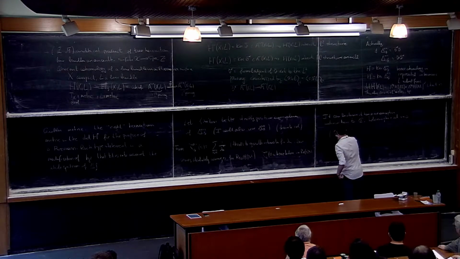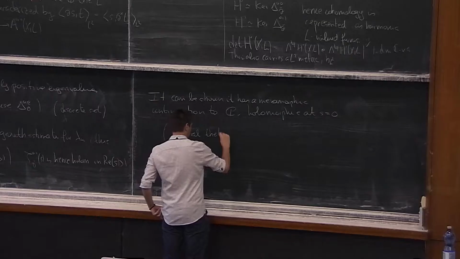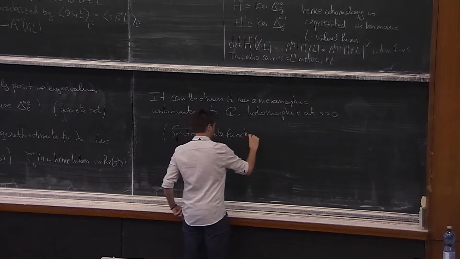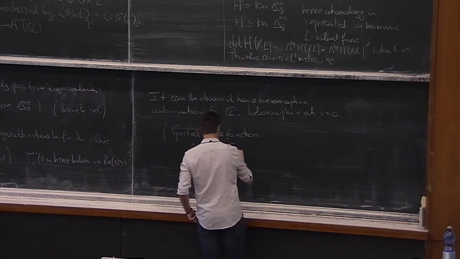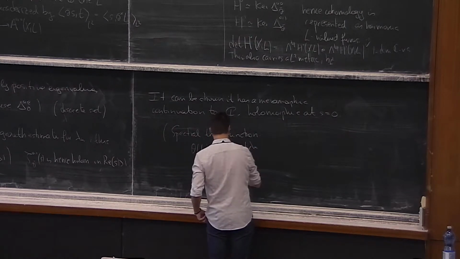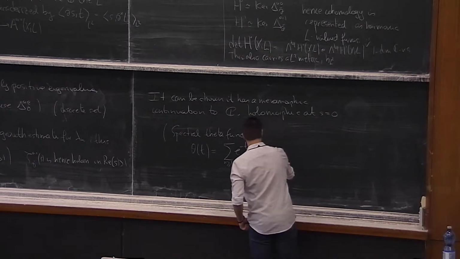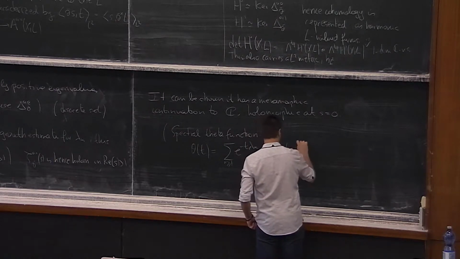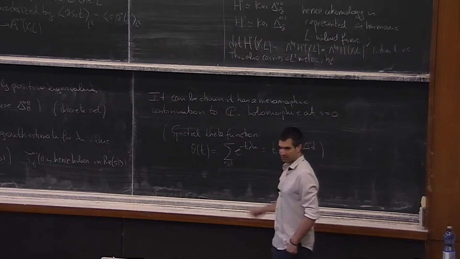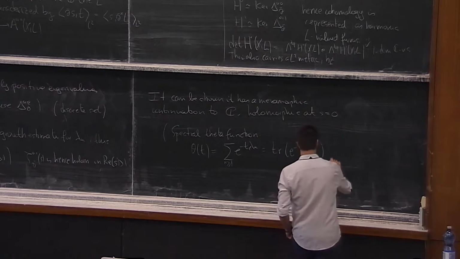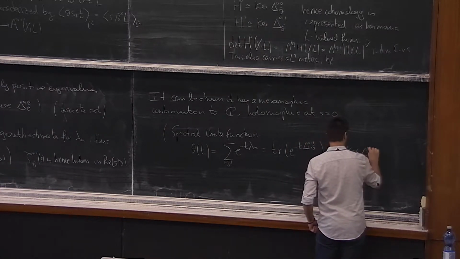So the way to prove this, you introduce the spectral theta function, which is by definition the sum, and this can also be written as a trace of this thing that you can take as something formal, but it's actually a true operator, minus the dimension of the kernel of L01.